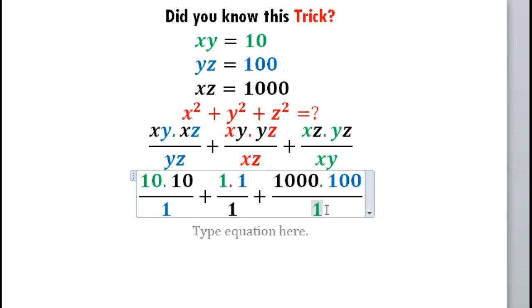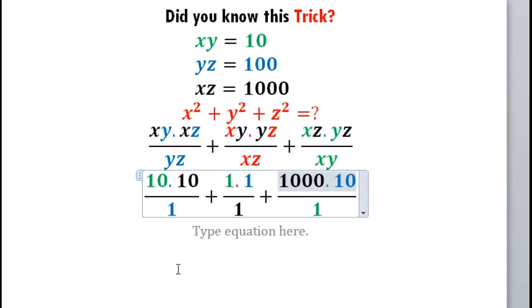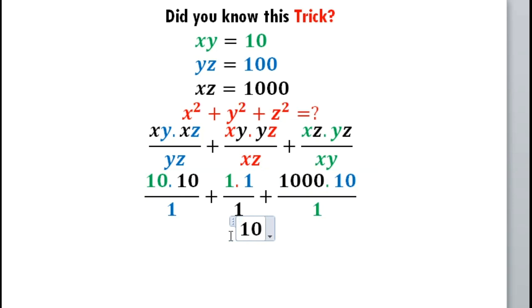Here the 1 zero in the denominator will go with 1 zero in the numerator, so what do we remain with? The first term, 10 times 10 divided by 1 is going to be 10, then it is plus 1 times 1 divided by 1 is just 1, then it is plus 1000 times 10 divided by 1 is 10,000.